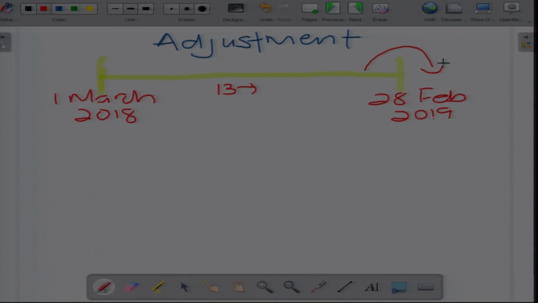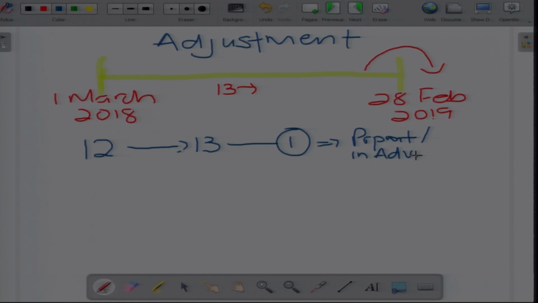We always know every financial year has 12 months, we've agreed upon that. But if you've paid something for 13 months, it means that you paid 1 month extra. This is called a prepayment or a payment in advance.